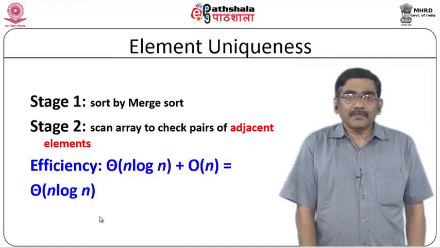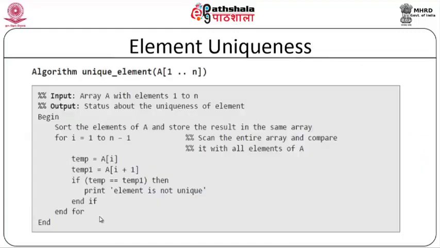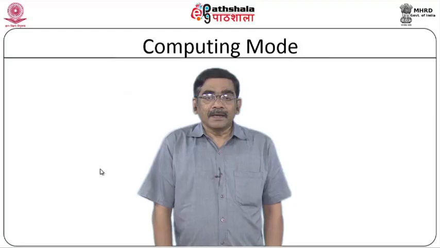So, in terms of computational complexity, we do not have too much gain, but nevertheless this represents some of the simplicity of the given algorithms. This is the formal algorithm for checking element uniqueness. The real advantage is that I can compare only the adjacent elements and not anything else.